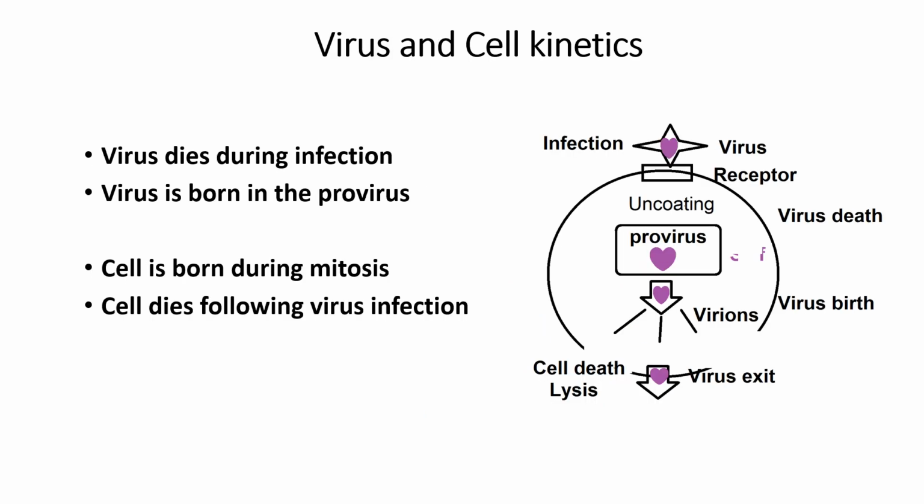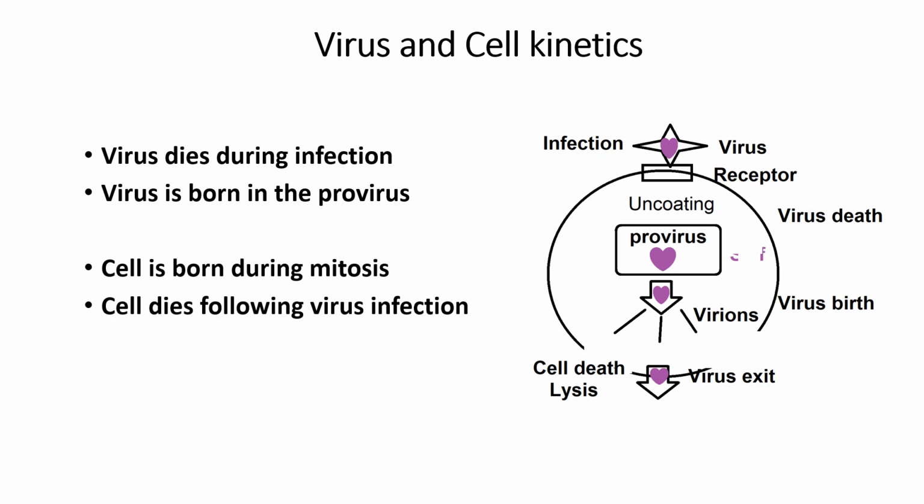So, virus kinetics. Virus dies during infection, which means here you have the virus, it attaches to a receptor, and then there is an uncoating, and only the genome of the virus is left in the cell.